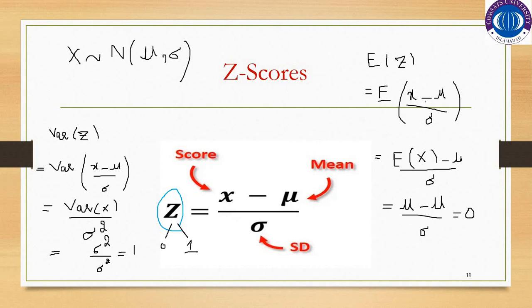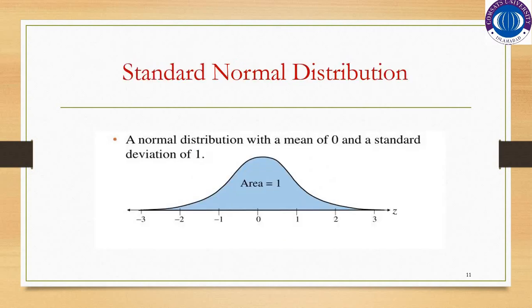So what will be the distribution for this? This will be the standard normal distribution. A normal distribution with a mean of 0 and a standard deviation of 1 is the standard normal distribution. So this Z, if we write it in shorthand notation, follows the standard normal distribution with parameters mean 0 and variance, or you can say standard deviation, 1.